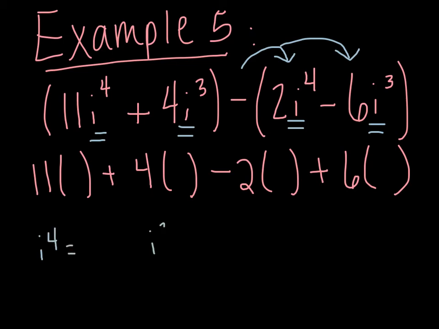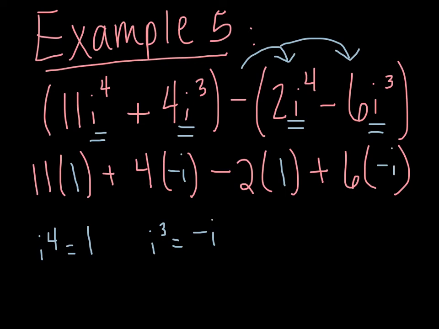And our i to the third? Well, we know our i to the fourth was our last one, so that was a positive 1. Our i to the third is a negative i. So we're going to substitute those two pieces into our problem. So i to the fourth is 1. I'm also going to put it here, 1. And then our i to the third next to the 4 is going to be negative i, negative i.